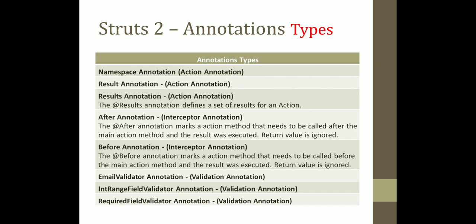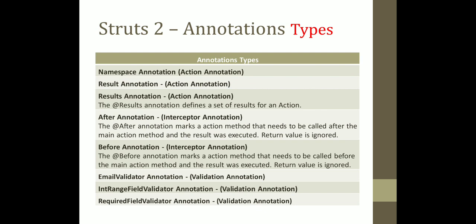So annotation types include the namespace annotation, that is the action annotation, then the result annotation. The result annotation defines a set of results for any action. Then the Before annotation and After annotation are interceptor annotations.